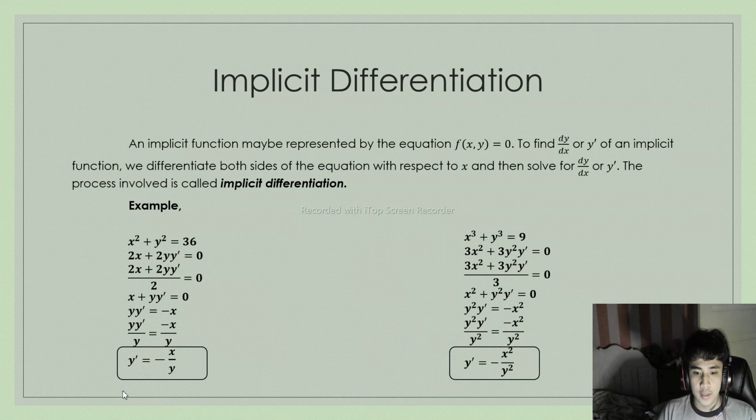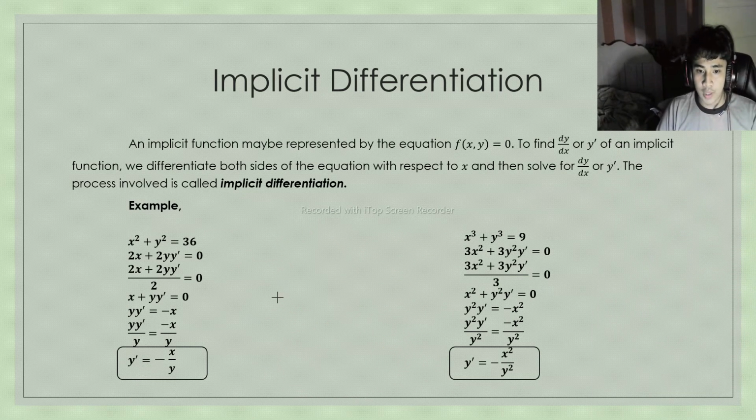Yan. And let's have an example naman. Again, ganun din, same method. 3x squared, pag derivative nito, 3x squared plus 3y squared, tapos nagalaw na naman yung y, meron na naman tayong y prime. So derivative ng 9 is equal to 0. Then lowest form ulit natin, makuha na natin to kasi nilowest form natin using 3. Yan.